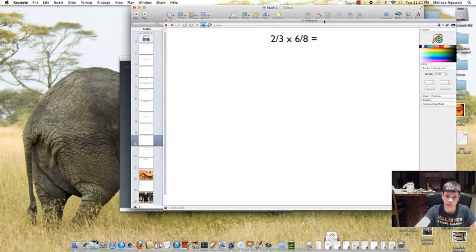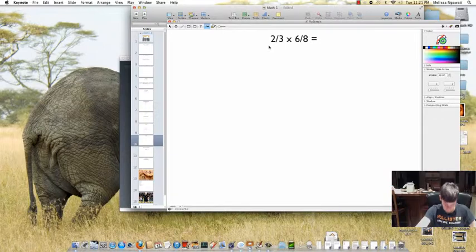Let's try this. We want to think that 2/3 of 6/8 is one whole set of counters. One whole set of 8s with 8 counters.